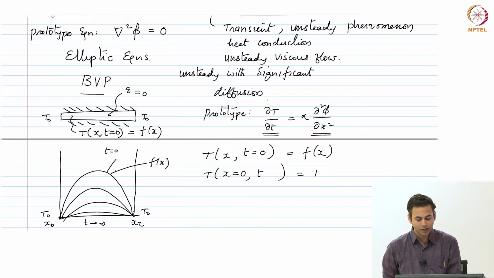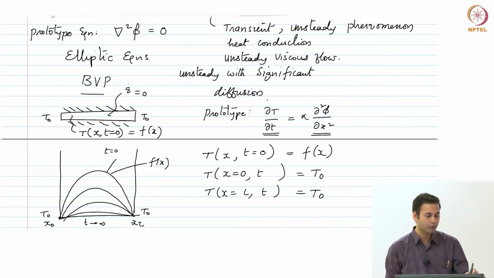Then we would call it as some temperature T naught, right. You would maintain it as an isothermal condition. Similarly, T at x equals L for all the time, you would need to maintain it as T naught, right, according to what we have discussed in the experiment here, okay. So, the initial condition needs to be specified for the entire domain, whereas the boundary conditions need to be specified for the entire time, right. Everybody agrees, okay. So, this is simple, alright.